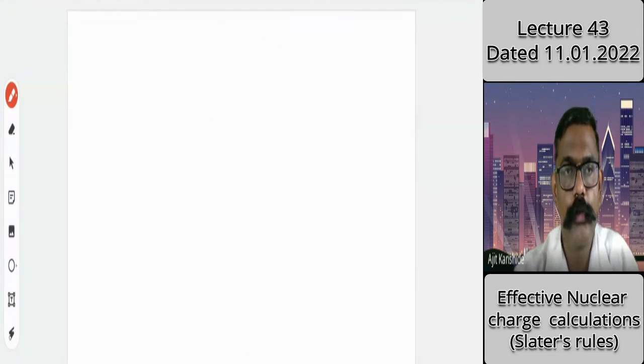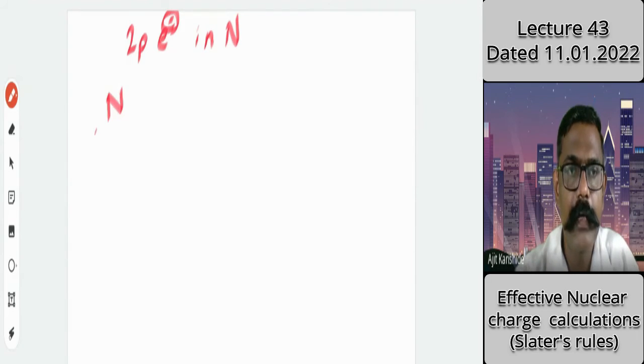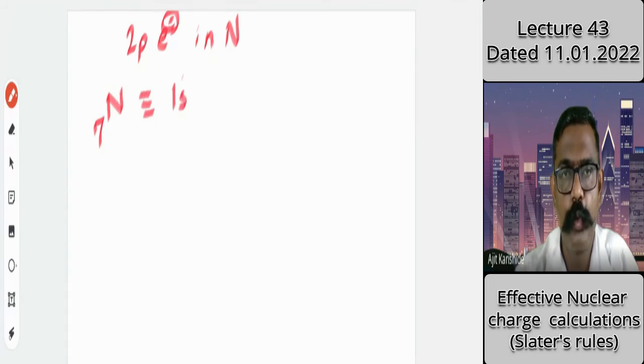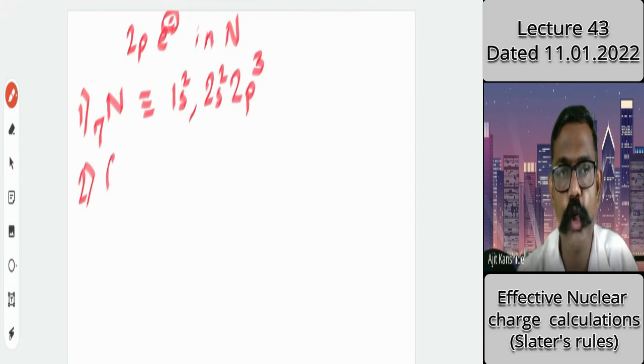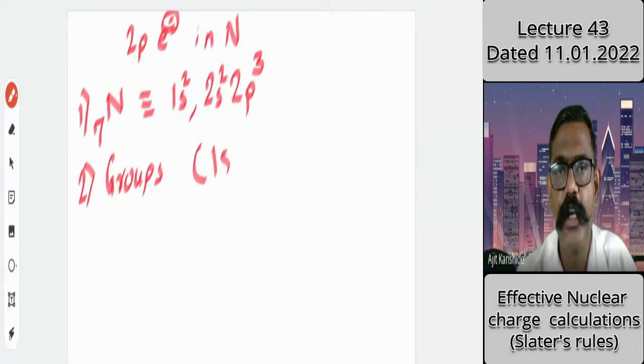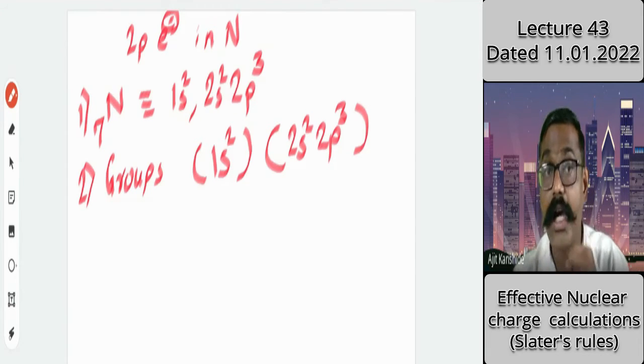The electronic configuration of nitrogen is 1s2, 2s2, 2p3. That is our first point. Second point, in groups, the configuration can be represented as 1s2 in one bracket, and 2s2 2p3 in another bracket.